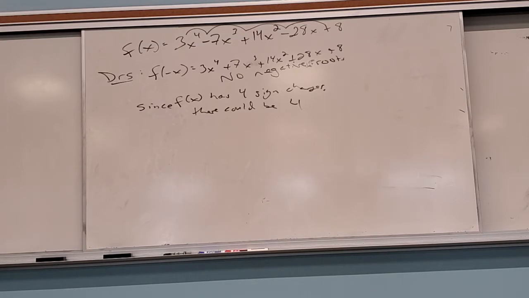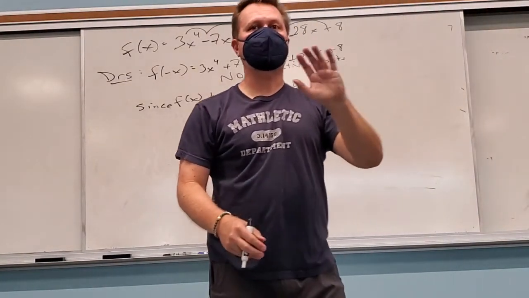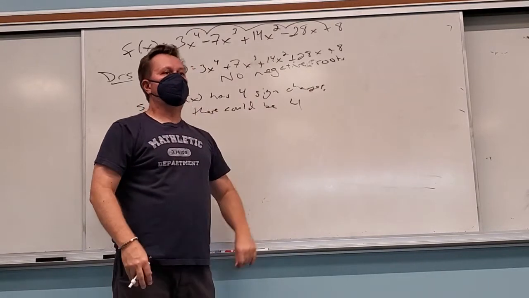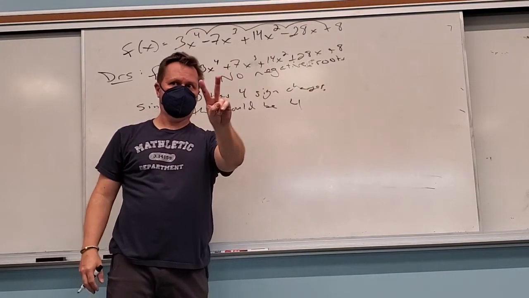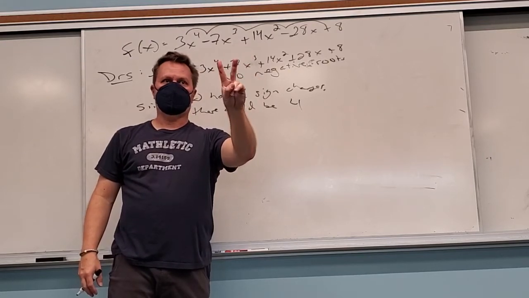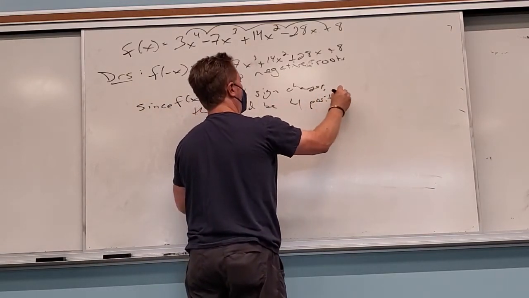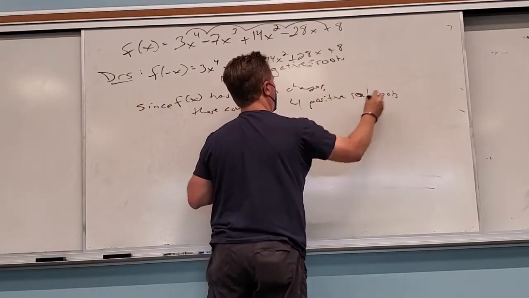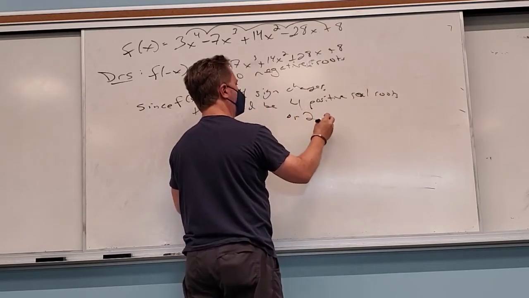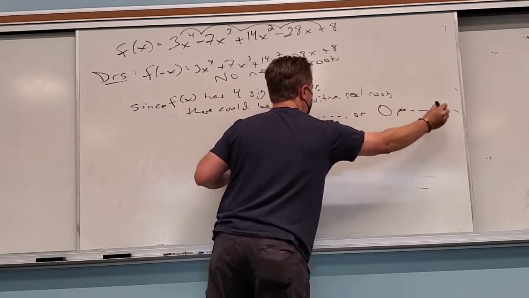Complex roots have to show up in pairs because they would come from the quadratic formula. What's in the quadratic formula? Plus or minus. So if there were complex answers, what's the lowest number of complex answers there could be? 2. There can't be one complex answer. They have to show up in pairs. So either there's 4 positive real roots, or 2 positive real roots, or no positive real roots.